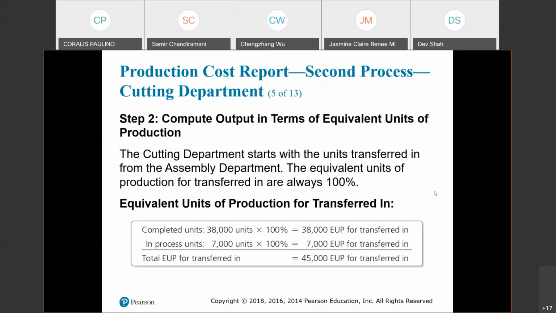So we must compute equivalent units of production separately for direct materials and conversion cost. Additionally, the units have costs that were transferred in with that must be accounted for.